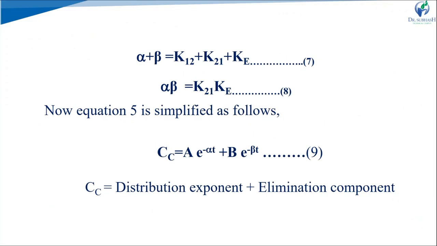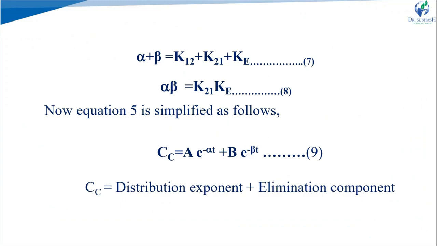Now, the mathematical relation between the hybrid and micro constants. The hybrid constants are alpha and beta, and the micro constants are K12 and K21, which describe reversible transport of drug between compartments. Their correlations: alpha plus beta is equal to K12 plus K21 plus Ke, and alpha into beta is equal to K21 into Ke.